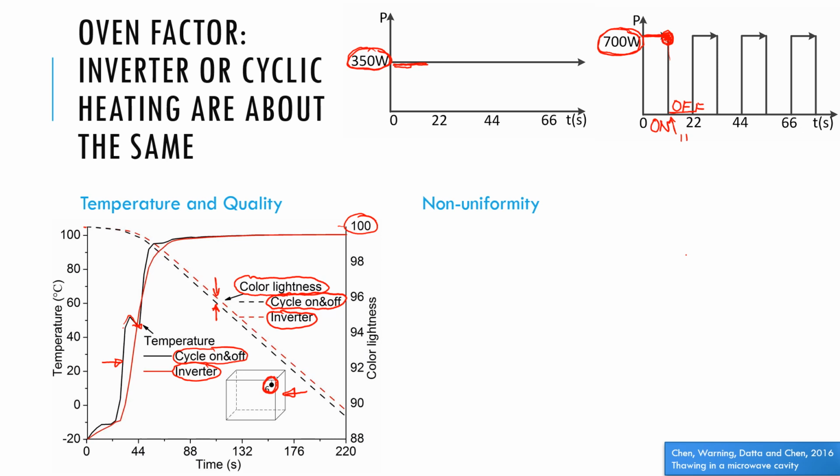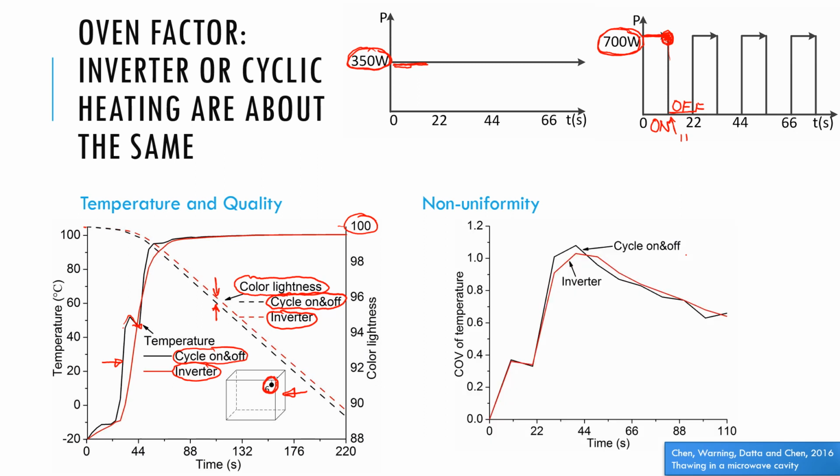non-uniformity in the temperature for the two cases of cycled power and continuous power. So that is here. What is plotted here is the coefficient of variation. And what is coefficient of variation? It is the standard deviation of all the temperature values at any given time.